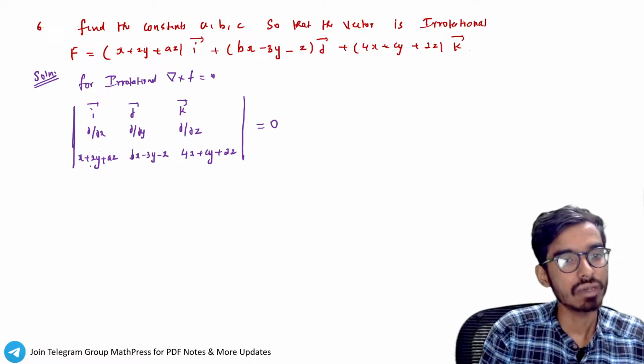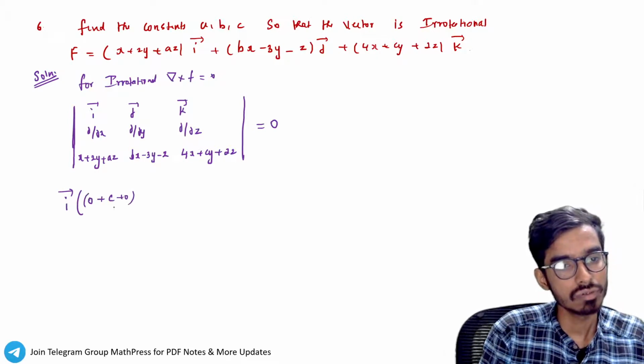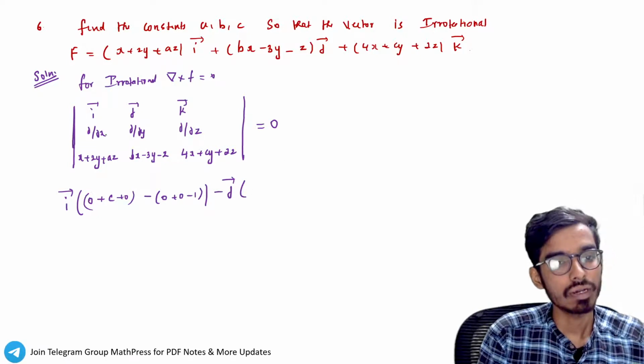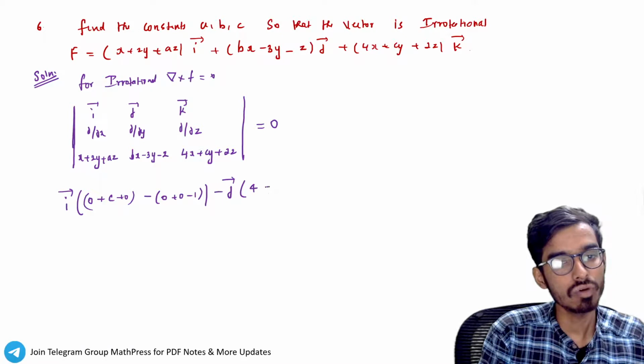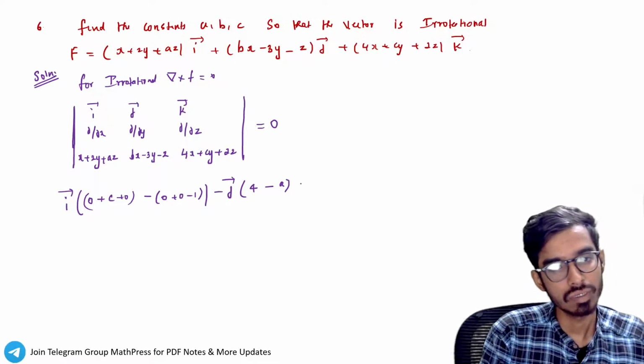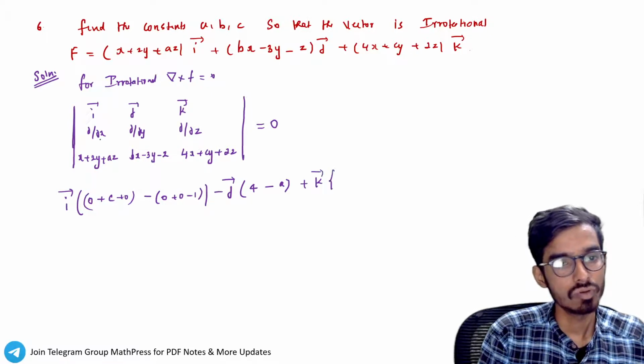Now expand this. So this will be i into dou by dou y of this, so this will be 0 plus c plus 0, minus dou by dou z of this, so 0 plus 0 minus 1, minus j vector into dou by dou x of this, this will be 4, minus dou by dou z of this, so 0, 0, a, plus k vector into dou by dou x of this, so this will be b, right?